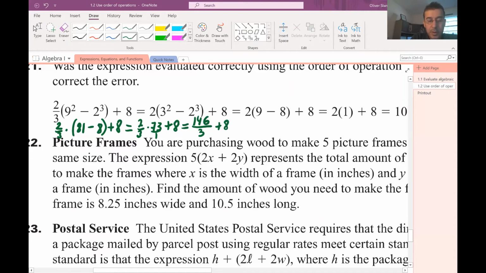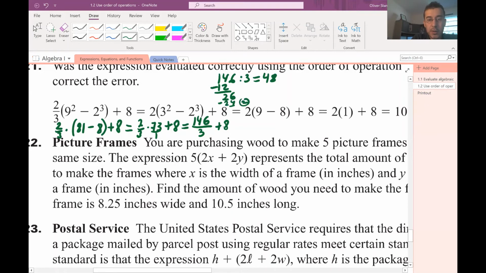So how many wholes do we have in 146 over 3? Let's do it here, 146 divided by 3. 1 cannot be divided by 3, right? So 14 divided by 3 is 4. 4 times 3 is 12. So 26 divided by 3 is 8, because 3 times 8 is 24, and we have a remainder of 2.